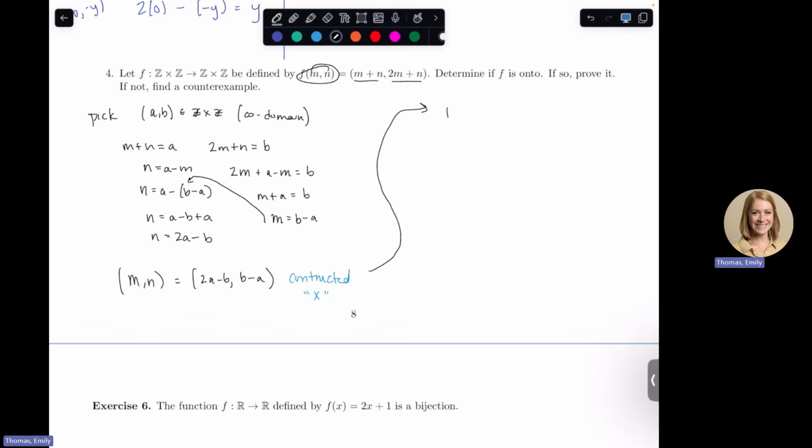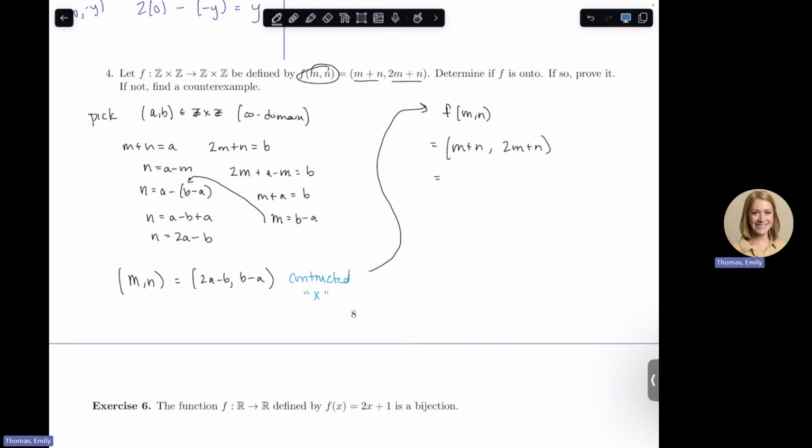And so then what we would do is f of (m, n) would be f of (2A minus B, B minus A). Oh gosh, I shouldn't have substituted that in yet. I'm not going to. That would be m plus n, sorry, 2m plus n.